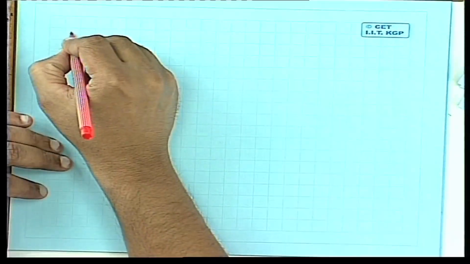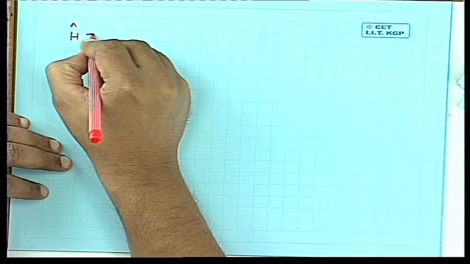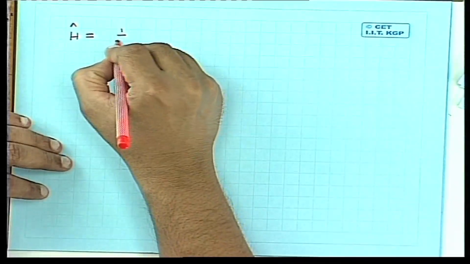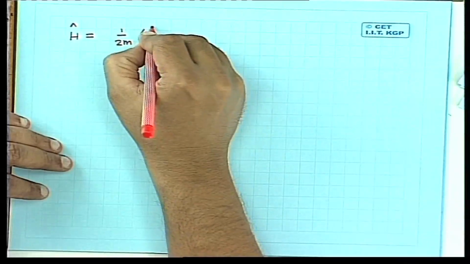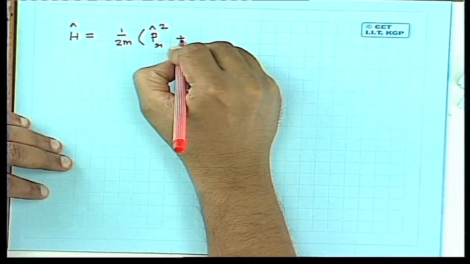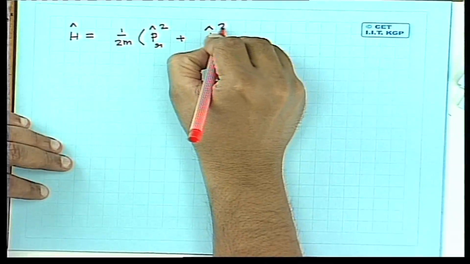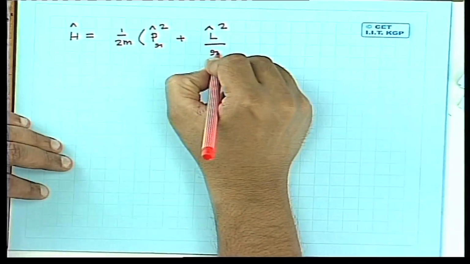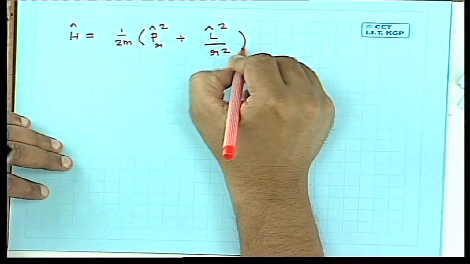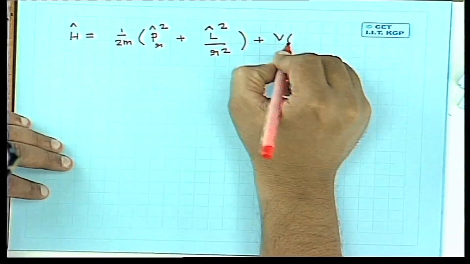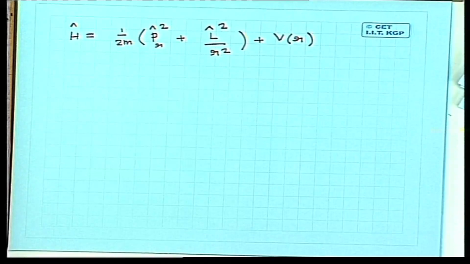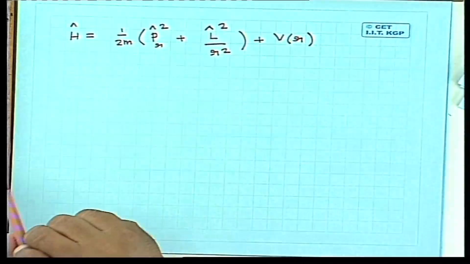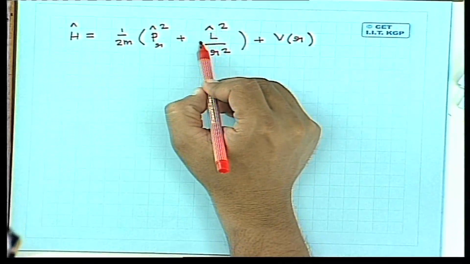So, in quantum mechanics, the corresponding operator is obtained, right? And the angular part of the Schrodinger equation comes about from this L squared.